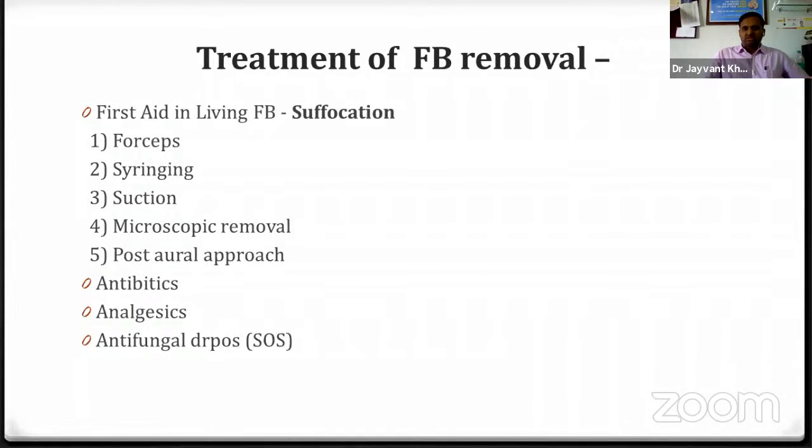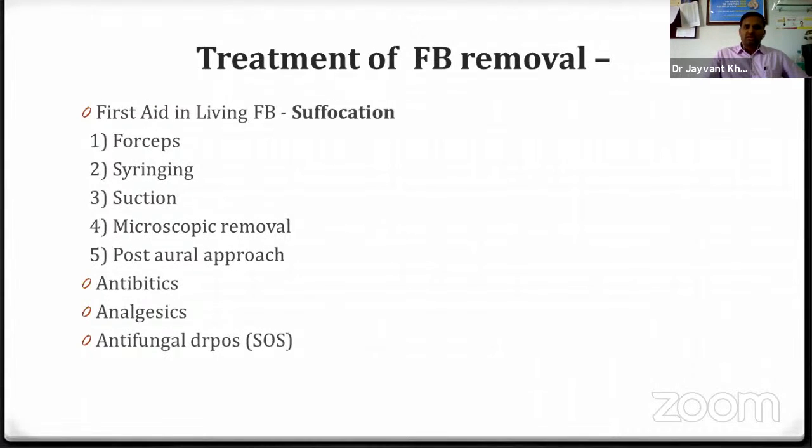Syringing: with the help of syringing, if sand particles or any ant or any mosquito is there, then you will prefer the syringing. Suction: if the foreign body is present behind the isthmus, then you will prefer the suction.